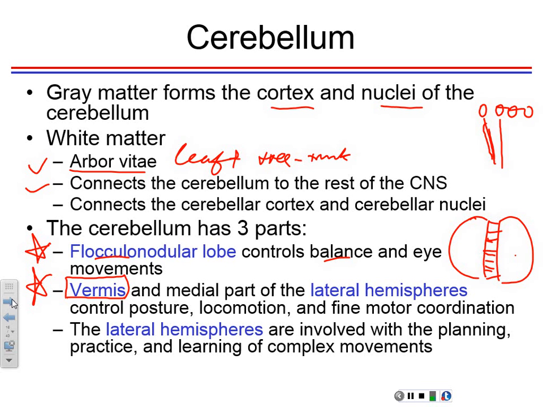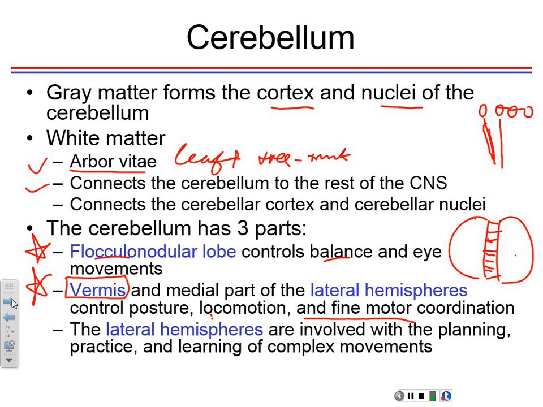Actually, the cerebellum is involved in all this fine motor activity. Things like when you dance, things like when you learn to ride a bike, all those things are controlled by the cerebellum. Those guys who compete on So You Think You Can Dance, their cerebellum is really hooked up, because that's how they can dance.